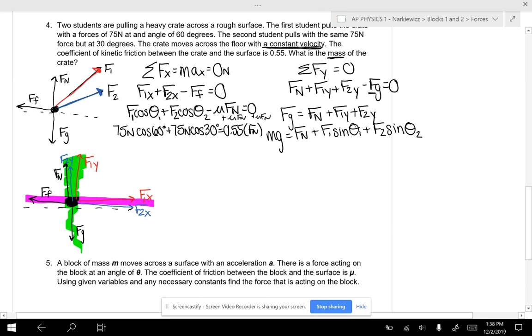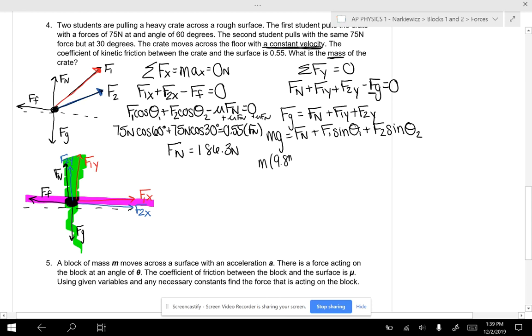So we add 75 times the cosine of 60 to 75 times the cosine of 30. That gives me 102, and then I divide by the coefficient of friction, 0.55. That gives me a normal force of 186.3 newtons. Now I can use that over here.